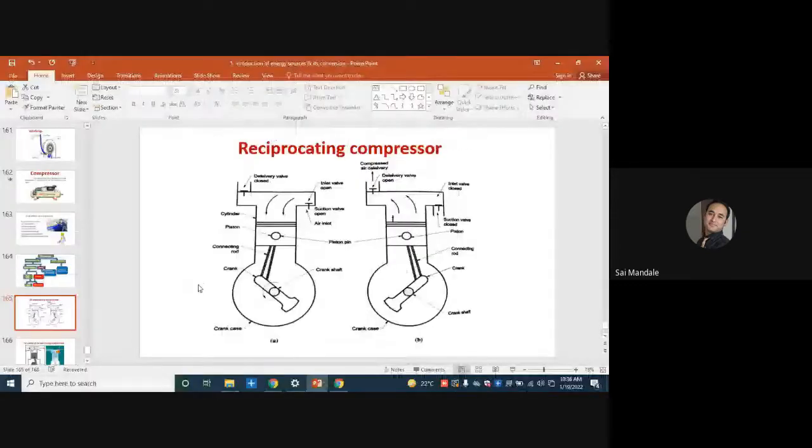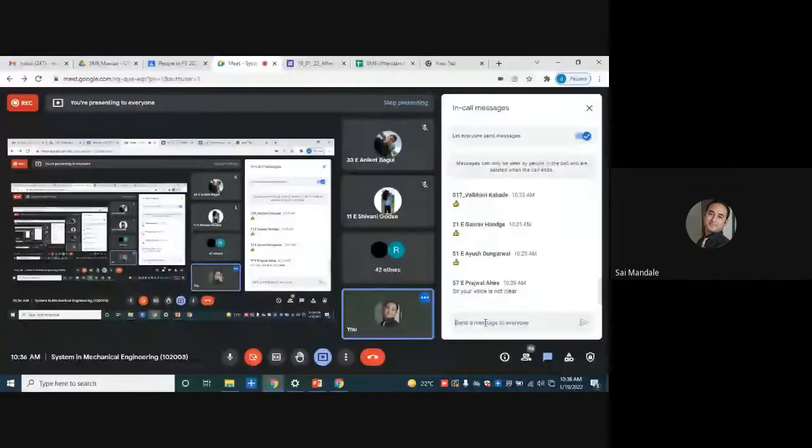The question for you is, can anybody tell me what the different components of the compressor are? I'll help you with this. Number one is a cylinder. What is there inside the cylinder? Piston. Very good.